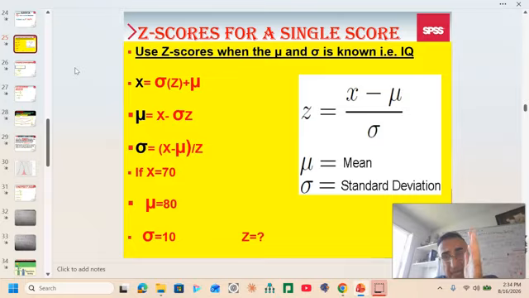That means they have a fixed mean and a standard deviation. It never changes. Like for the Z, mean is always 0. The standard deviation for the Z is always 1. It doesn't matter which Z-score we use. For the IQ, mean is always 100. That's the average mean. The standard deviation for IQ is always 15.